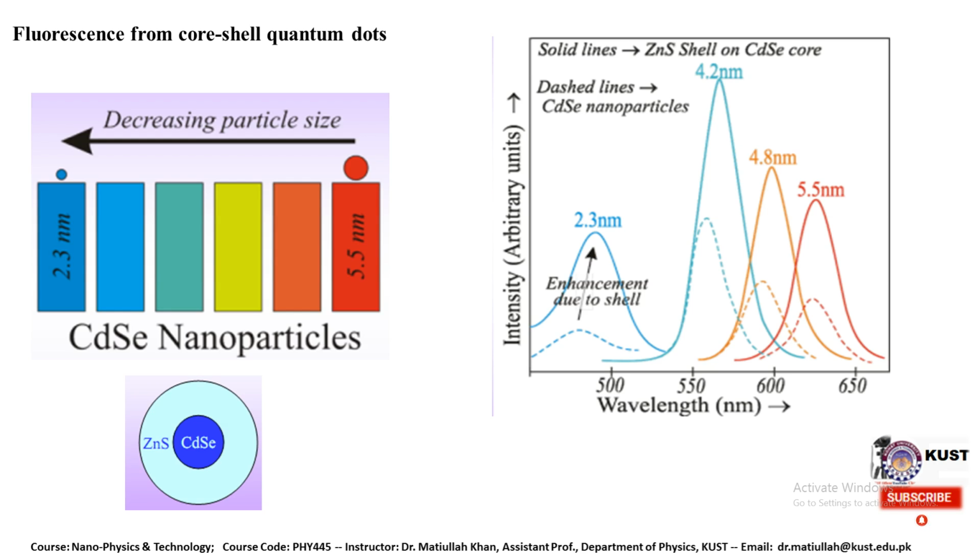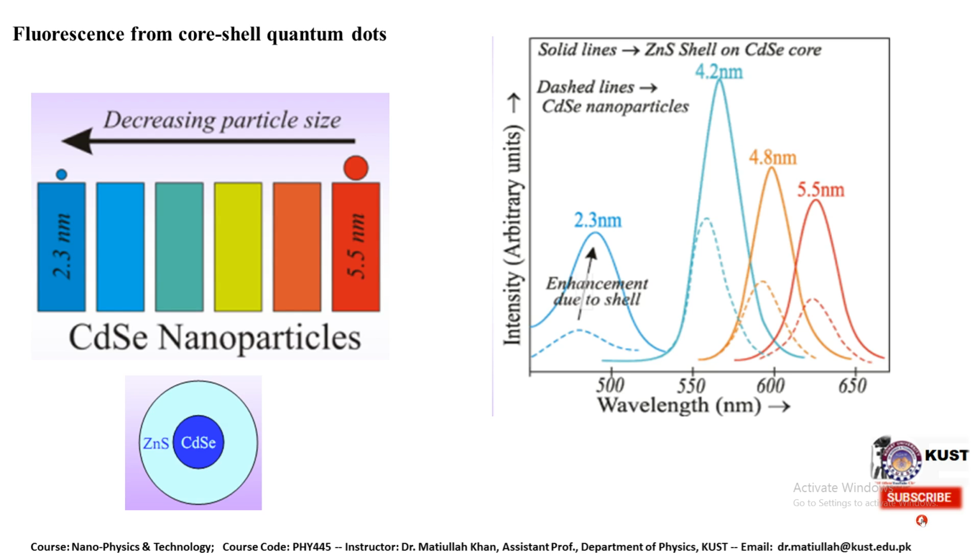This is for when ZnS is coated above the CdSe. Here we can observe the curves between the intensity and the wavelength, and we can see the peaks that are really visible to us, created due to the reduction in the particle size. This is the enhancement due to the shell.